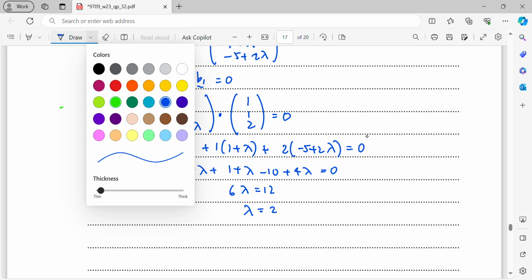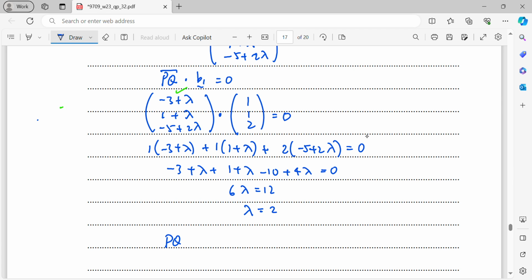Okay, get the vector first before we get the magnitude. So this is going to be minus 3 plus 2, because lambda is 2. Then 1 plus 2. After that, minus 5 plus 2 times 2. So then this is minus 1, 3, and minus 1.